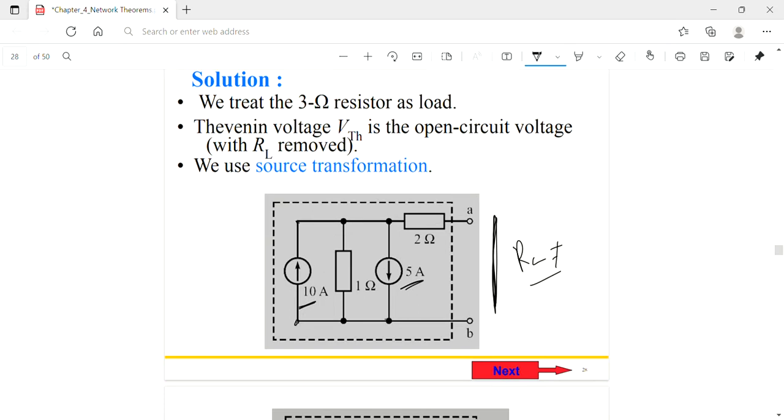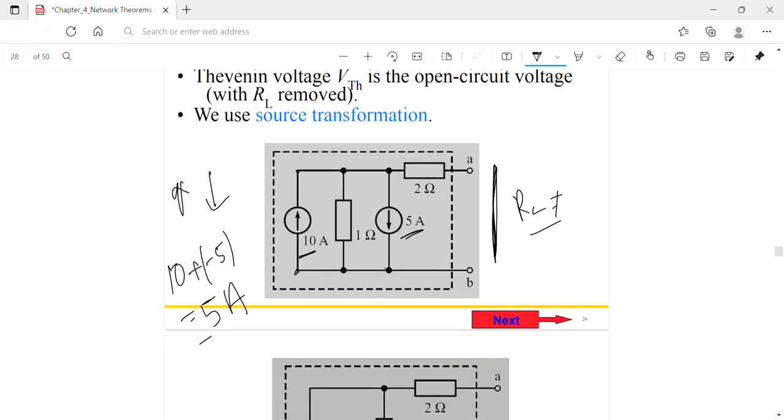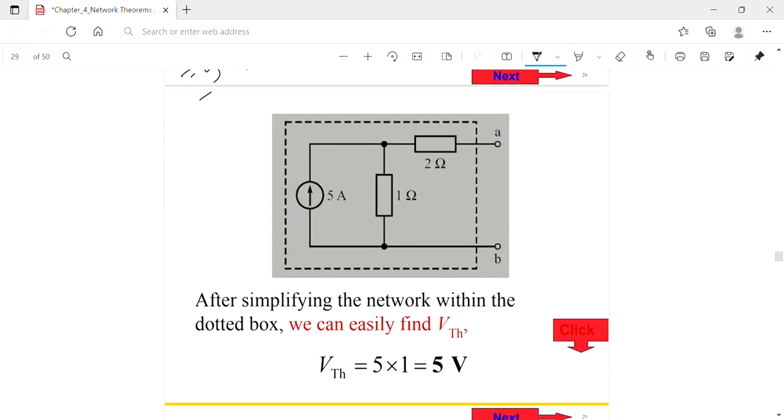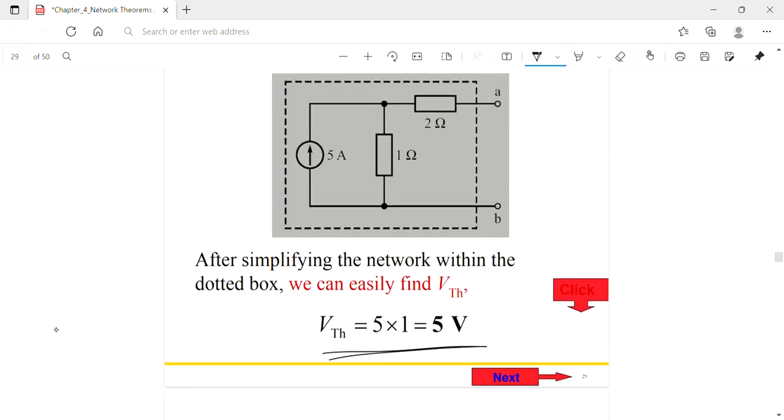When two current sources are in parallel, we have to add them. But here 10 ampere is going upwards and the 5 ampere is going downwards, so the equivalent is 10 minus 5 equals 5 ampere. And the 1 ohm and 2 ohm are connected in parallel. After simplifying this, we calculate the Thevenin's voltage equal to 5 volt.